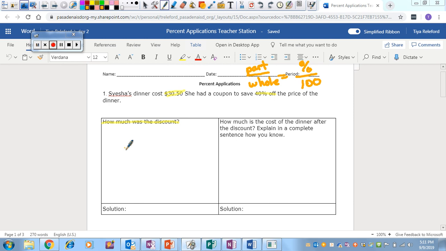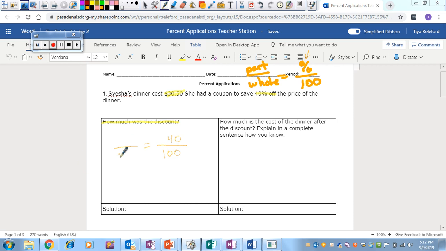So, to find the discount, you're going to set up your proportion. We know that 100 goes in it because it's a percent proportion. On top of the 100 goes what number? Yeah, the percent.